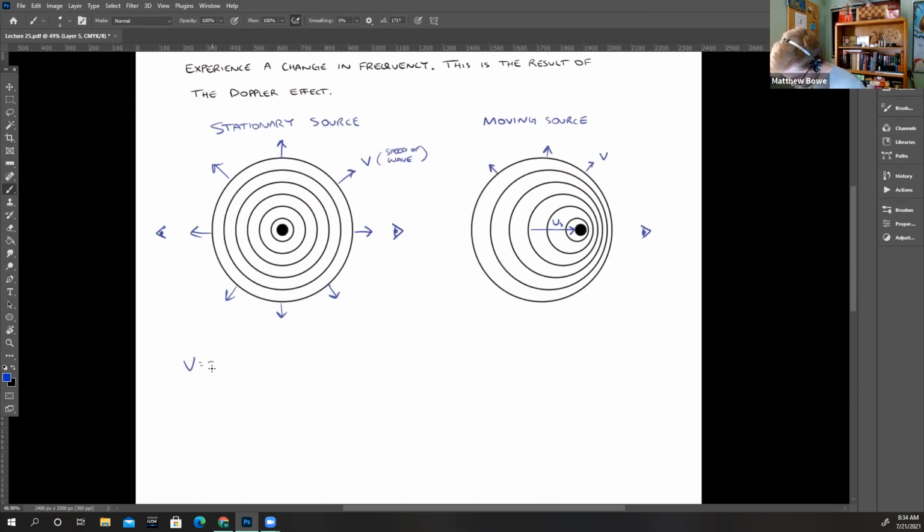That's the speed of the wave. We have F of S, that's the frequency of the source.